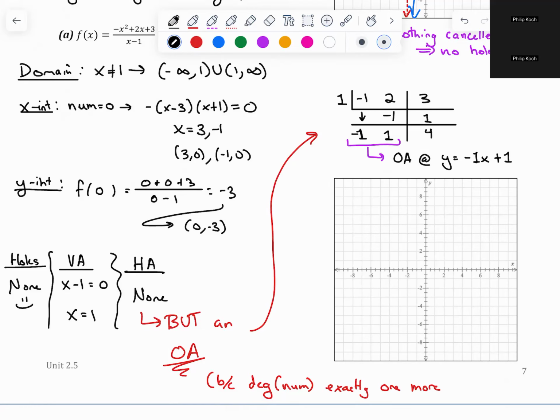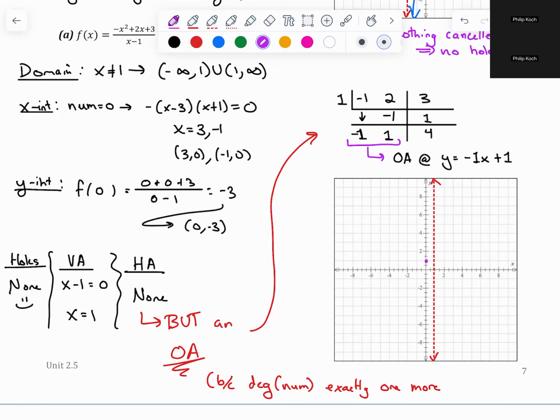We'll plot everything we have. We know we have a vertical asymptote at x equals 1. So let's graph that. Then we know we have a slant asymptote or an oblique asymptote at negative x plus 1. That's a line with y-intercept 1. Let's go ahead and plot that.